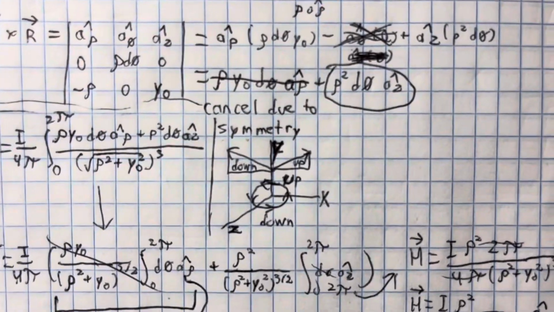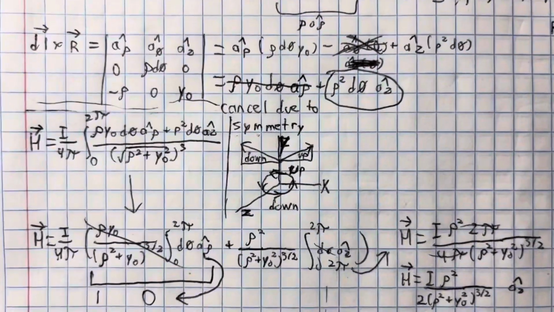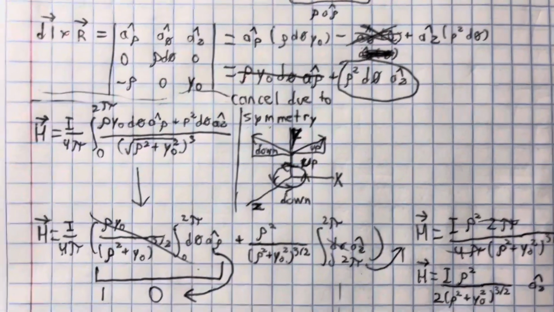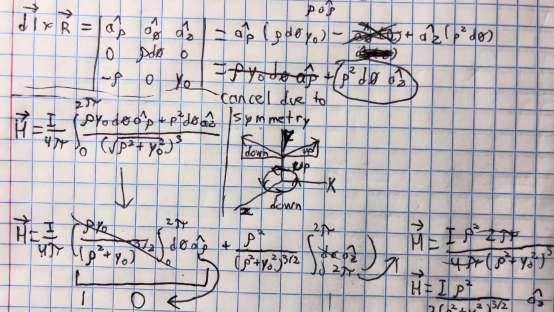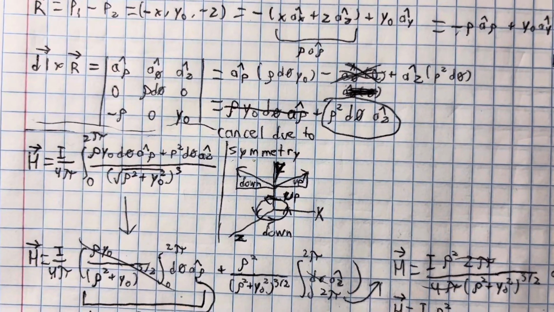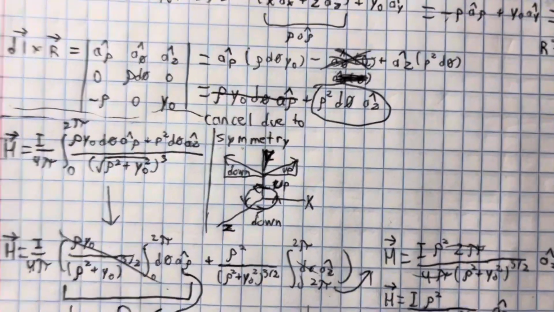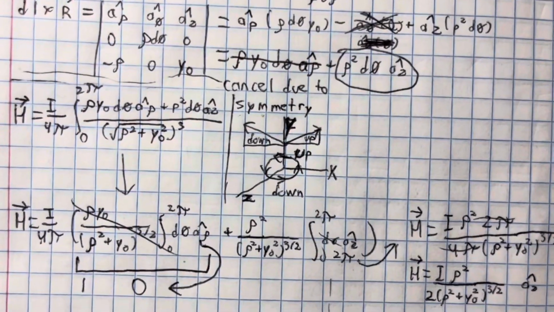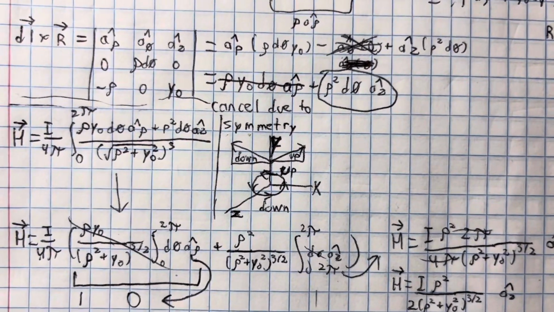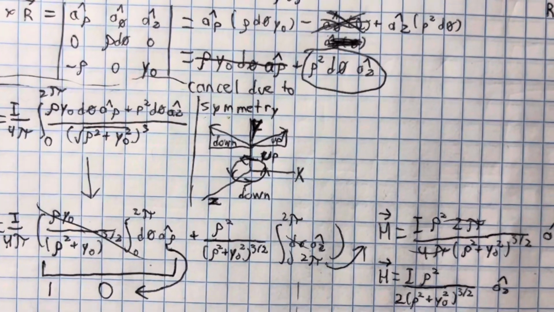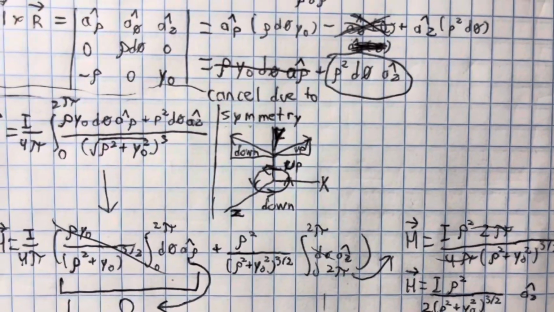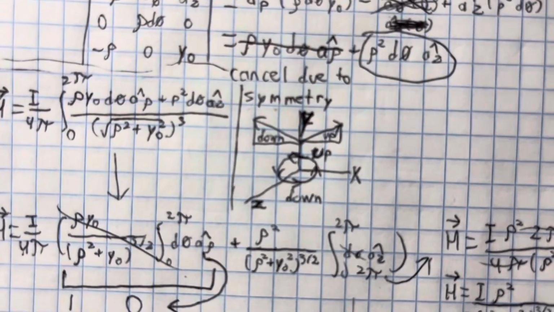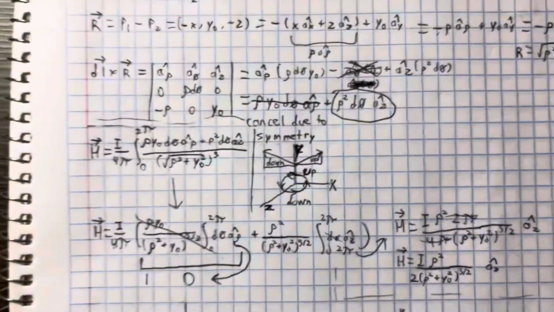When we look at this little graph, since the rho vector is on the horizontal axis, it will be cancelled out because of the circular symmetry: for every current element at any angle, there will be another element on the opposite side of the circle. Being of equal magnitude and opposite direction, they will be cancelled out.